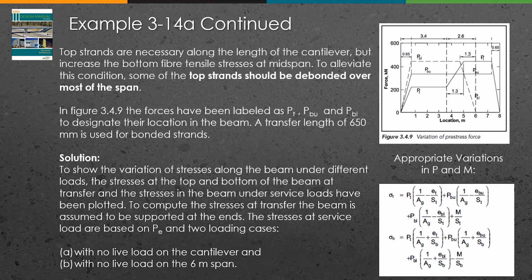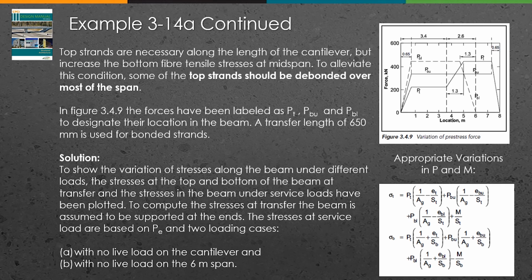The bottom strands, the 4 of them that were debonded, transferred here, then kept going at the maximum transfer force, and then debonded to 0 at the cantilever portion. And the one that is continuous is continuous all the way.